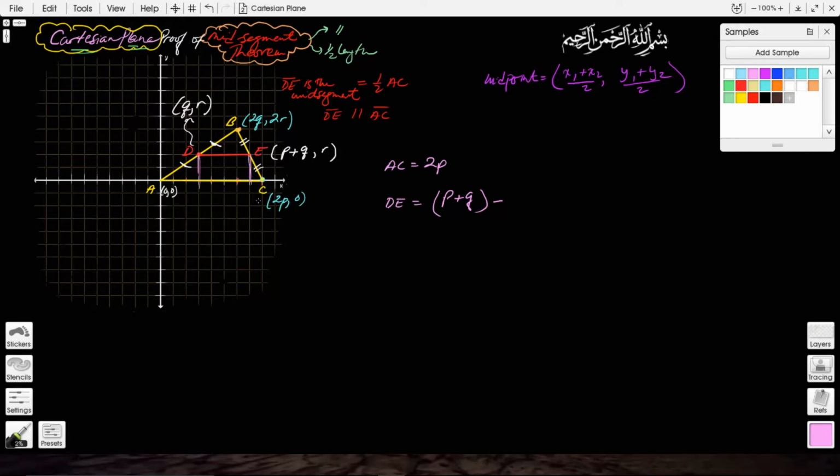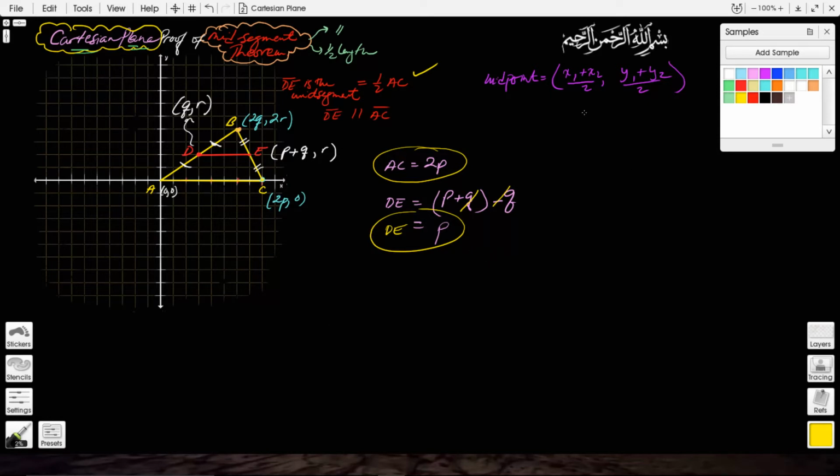So it's going to be p plus q minus q, and that is simply p, because these two will cancel out. As you can see, AC is 2p and DE is p, and we have proven that DE is half the length of AC.